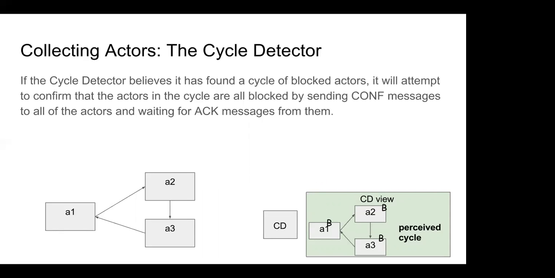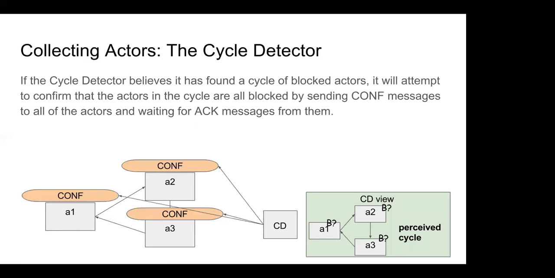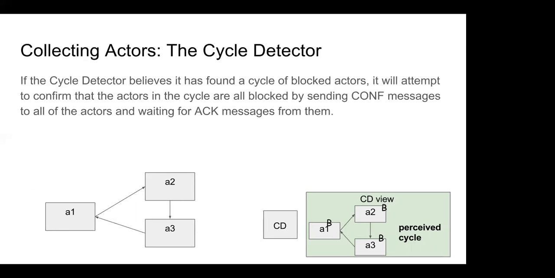These actors only point to each other. But it's not sure if they're dead or not yet. It's gotten messages from each of them saying that they're blocked, but it's possible that one of the actors in the cycle sent a message to another actor, and they may not actually all be dead.